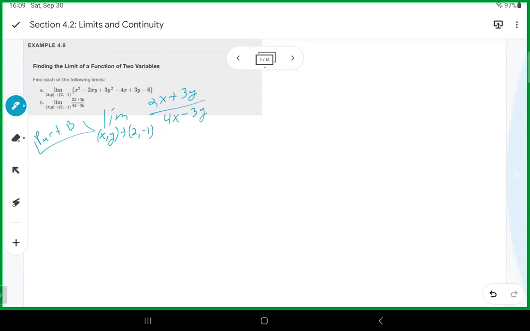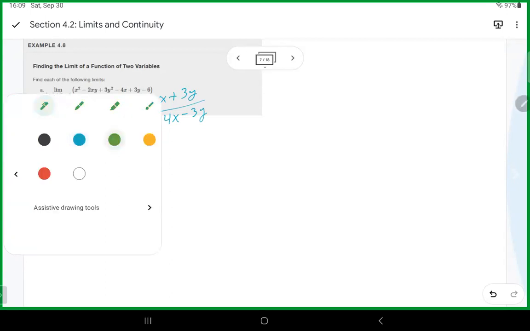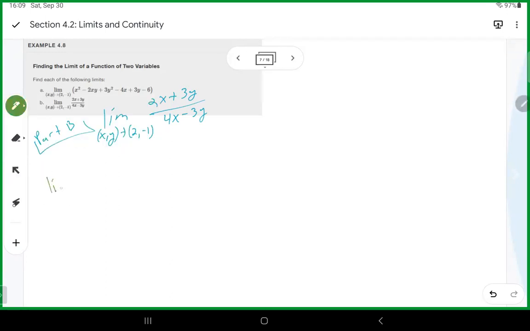So if we focus on just the top, we'll do the top in green. So it's going to be the limit of xy as it approaches 2, -1. And that's going to be just, oh, sorry, we're doing the denominator first, because we need to make sure that it's not a 0.